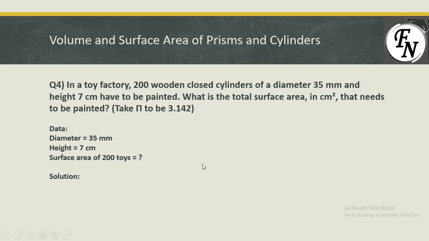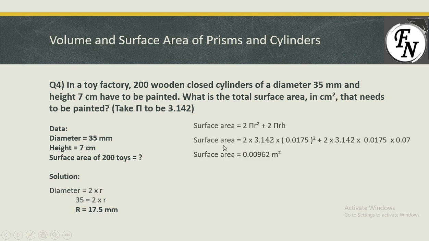So let's begin. First of all, we will use the formula of diameter again. When we need the radius, we divide the diameter 35 by 2. We have obtained the radius as 17.5 millimeters. After this, we will be using the formula for surface area, and all the values will be substituted in a single unit, which is meters right now. I have substituted pi as 3.142.